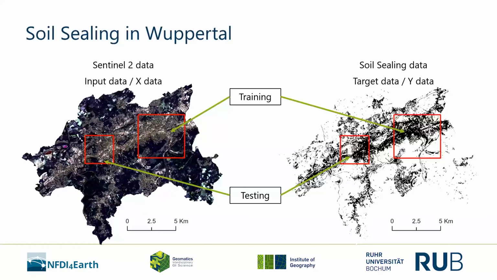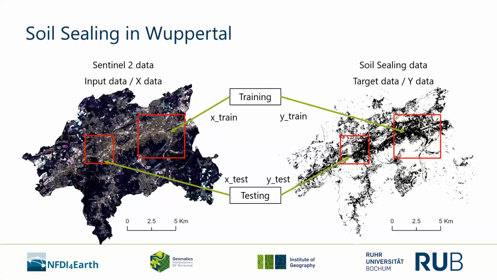Again, the testing region will not be used during training and only be used to test the performance of our model later. Just as a reminder, when programming the model, we usually call the input data set for training xtrain and the corresponding target data for the training phase ytrain. During testing, the input data is referred to as xtest and the target data as ytest.